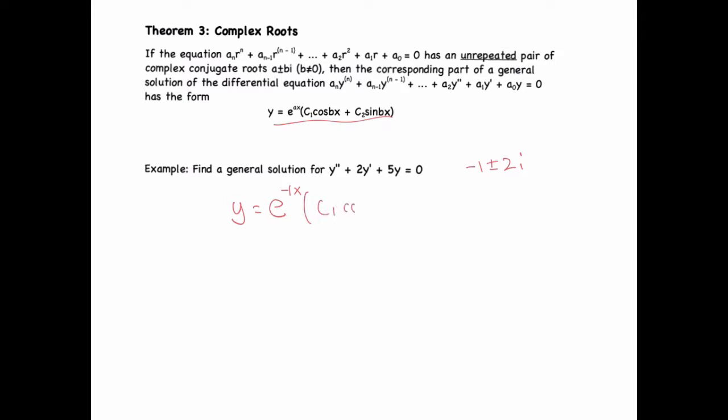Then c1 cosine of the imaginary part times x. We don't actually put the i in there, it's just the 2. Plus c2 sine of 2x. And again, if it bothers you, wait a minute, how come we didn't have to include an i anywhere? It's because if the constants end up needing an i somewhere, that will show up when we do our initial conditions. And that would be it.